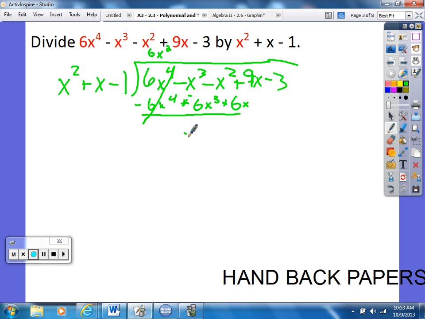Question? Well, he changed those signs though, remember? Okay, well, we'll fix that. Make sure you put your squared on that 6x up there.